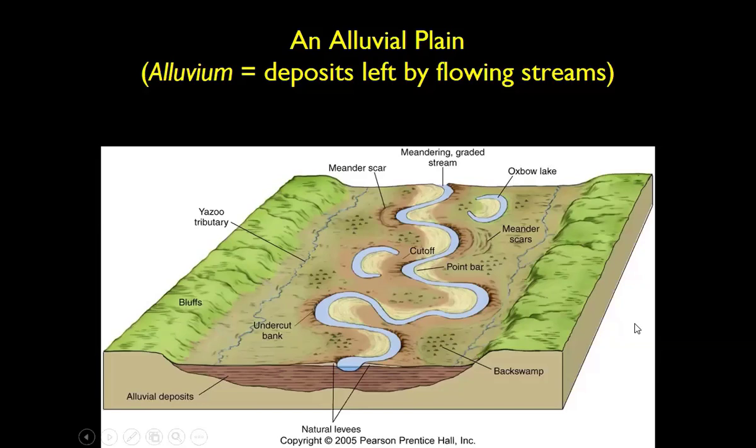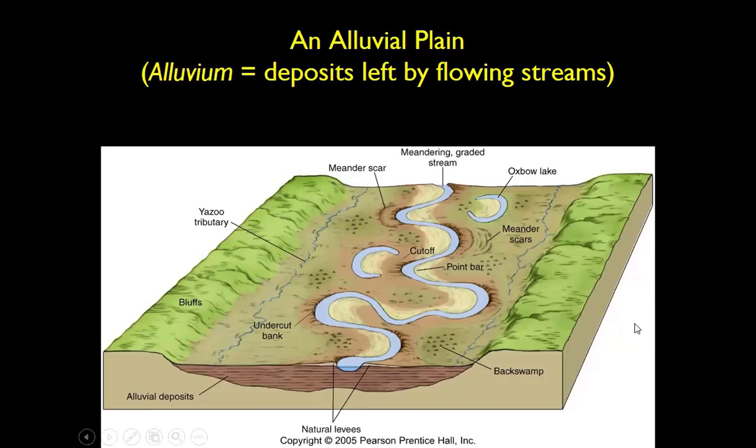And then as they get further and further to the side, under normal flow conditions, what can happen is you get the crazy flood coming through, and rivers are lazy like all of us. They want to take a shortcut. So when we get a lot of water coming down all at once, instead of going side to side to side, it's got enough power that it can cut straight through here.